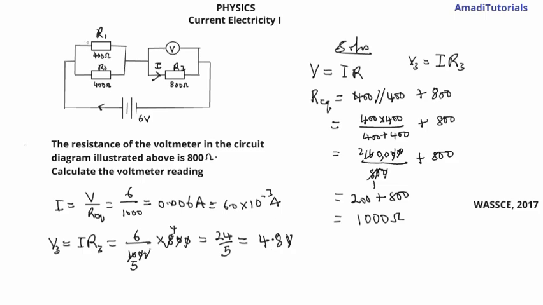If you were also asked to calculate the voltage across the parallel resistors, between point A and point B, that will be the total voltage, which is 6, minus the voltage drop on this 800, which is 4.8.